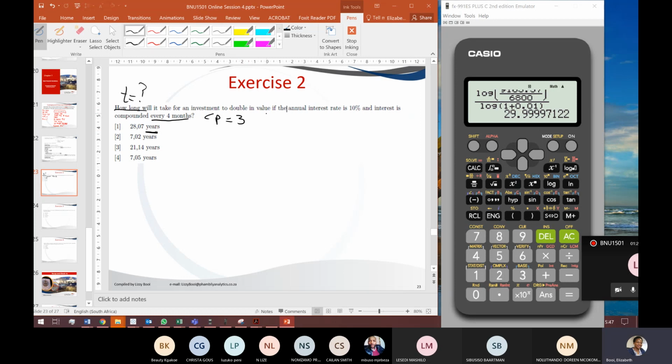But the other thing that is very interesting is they say the investment doubles, so I can choose any other amount. If my present value is 100, when it doubles in value, it becomes 200. So my future value will be 200. And this is not only about 100 and 200.